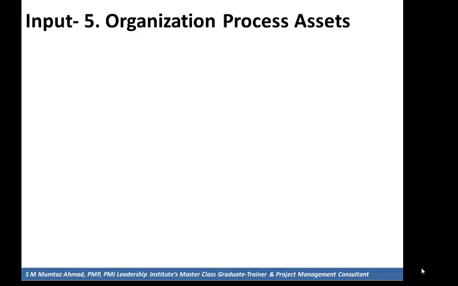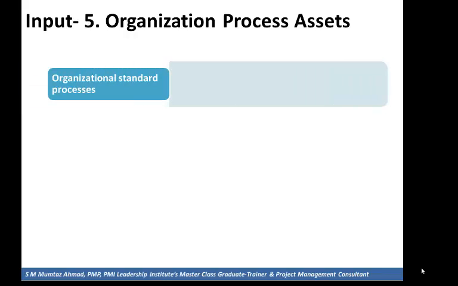Organization process assets. This is the fifth input to the process develop project charter. This has the following components: organizational standard processes such as standards, policies, standardized guidelines, work instructions, proposal evaluation criteria, and performance measurement criteria.